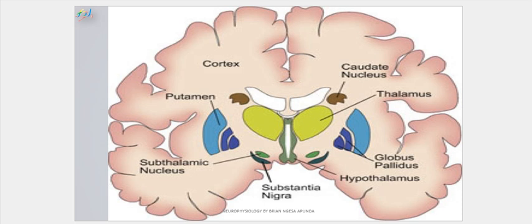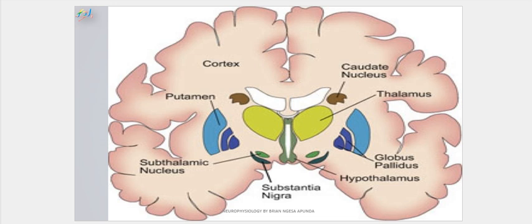Even though most of the time that motor signal needs to be modulated with some form of appraisal of a specific pattern, especially when it comes to movement, most of them are likely to pass through the basal ganglia. So we have various pathways within the basal ganglia. We have the direct pathway, the indirect pathway, and the hyperdirect pathway. Just within a short time, we'll be able to see what this really means.